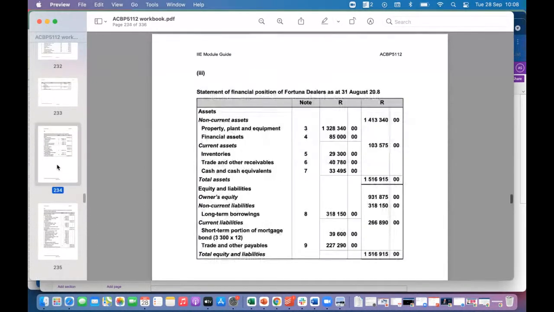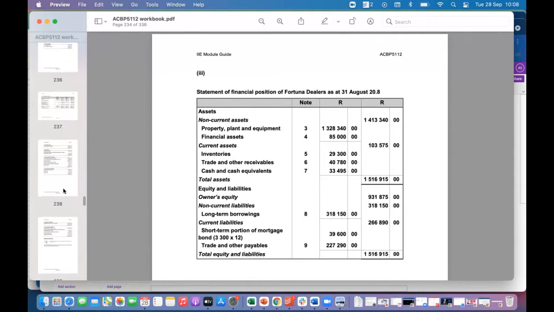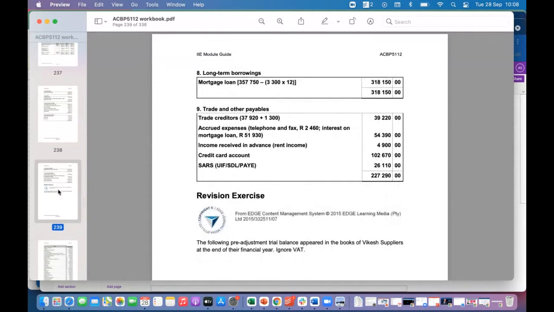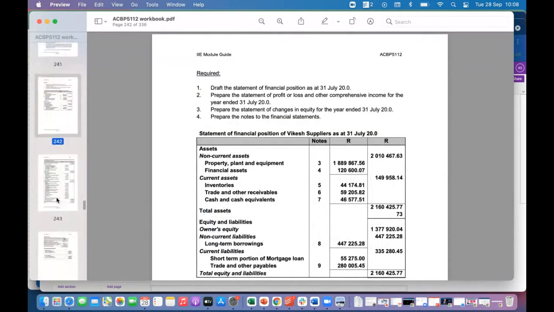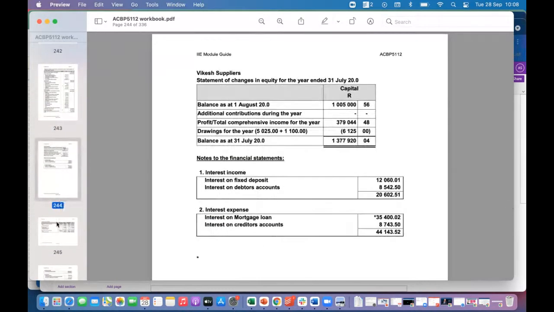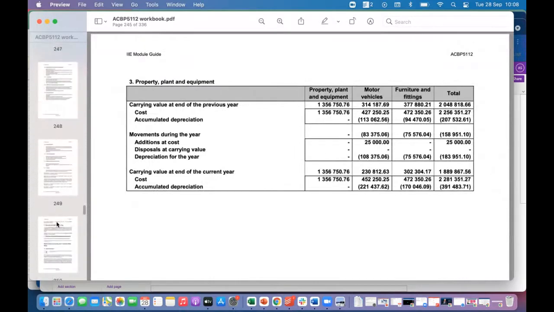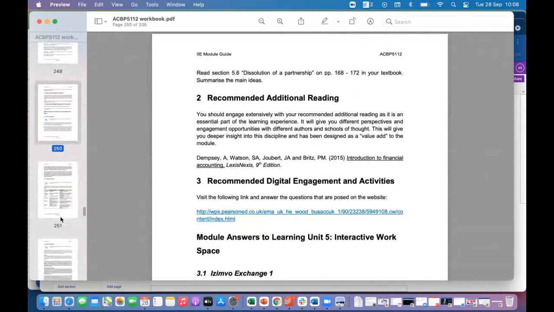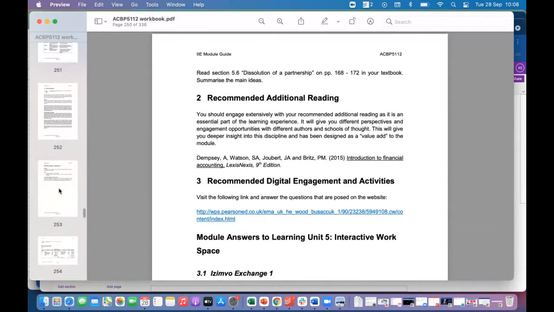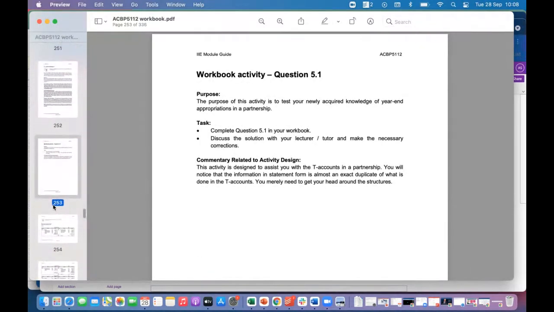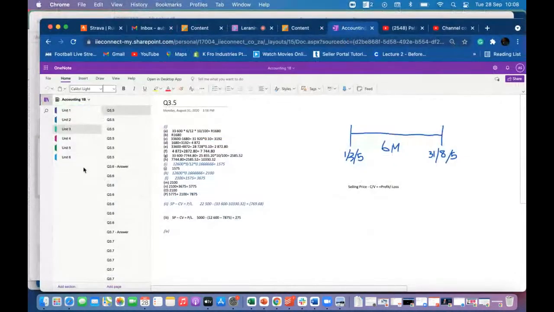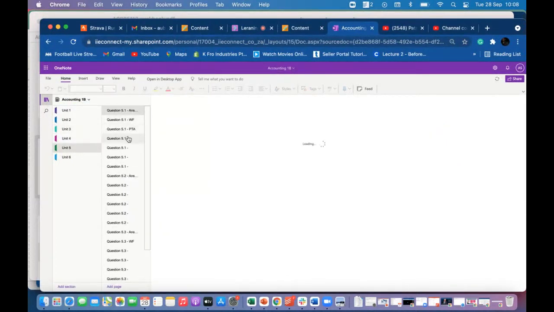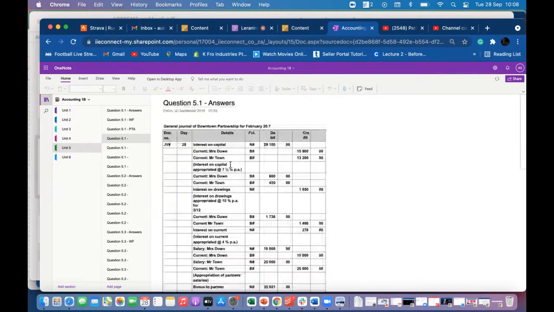Okay, this should be unit 5 now. There we go. Right, we'll come back to this. I said unit 5, yes, and we're doing 5.1.